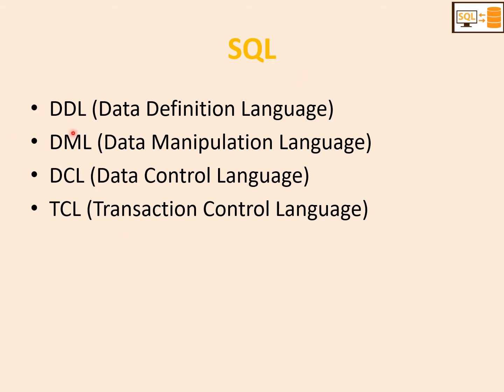DDL stands for Data Definition Language, DML, Data Manipulation Language, DCL, Data Control Language, and TCL is Transaction Control Language. So these are the four categories of language that come under the SQL section.